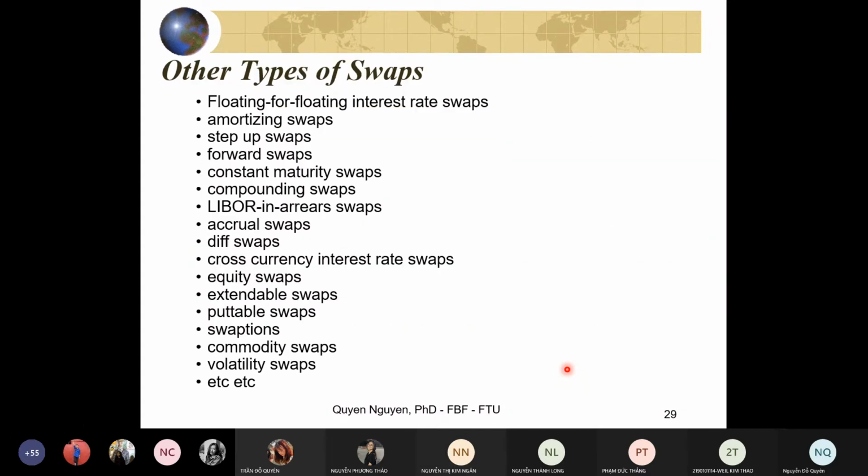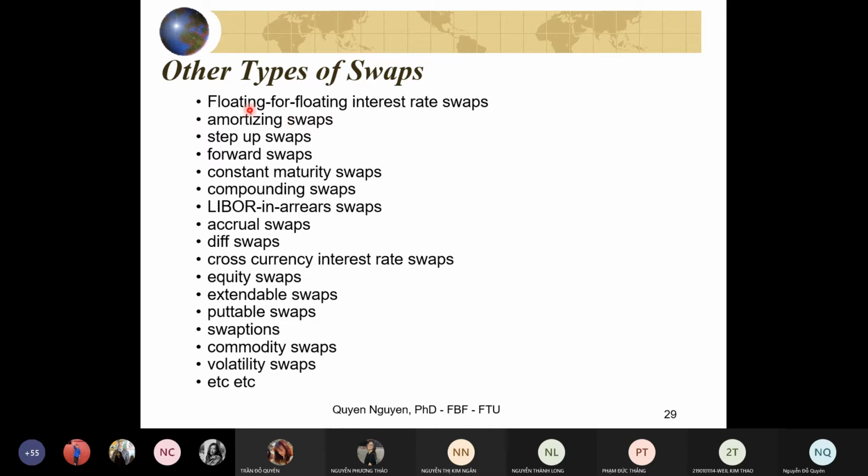All right. So basically, the swap contracts that we cover in this chapter are just the very basic type of swap, and we call it the vanilla swap. In reality, we may have many kinds of more complicated swaps. As you can see, these are some of the swap contracts that may be more complicated than the plain vanilla swap.